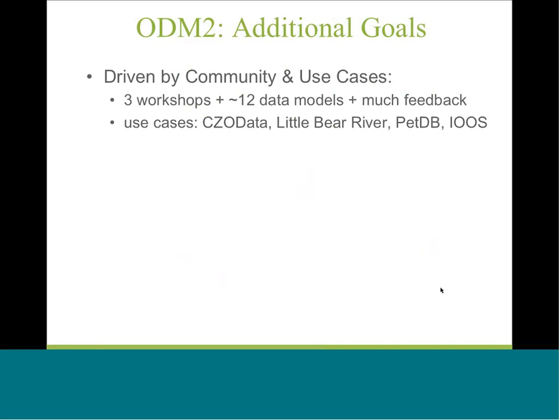The CUAHSI team has been receiving feedback from day one on ODM1. They've had a number of releases since then, but there are some changes they couldn't exactly make without radical alteration of everything. So ODM 1.1.1 has been stable for quite a while, not because it's perfect, but because it works and there's a whole ecosystem that it works with.